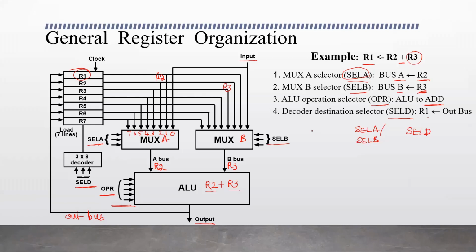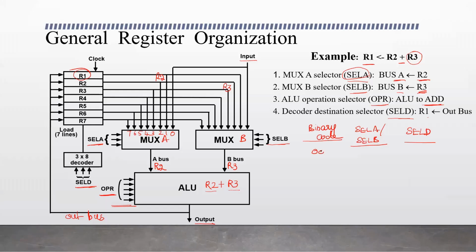And if we see the binary code, these are all 3 bits, right? SELA is of 3 bits, and SELB is a 3-bit word that is used to control the selection here.